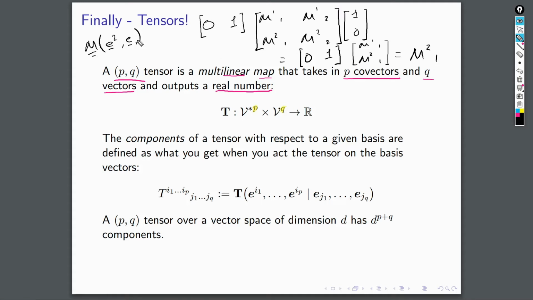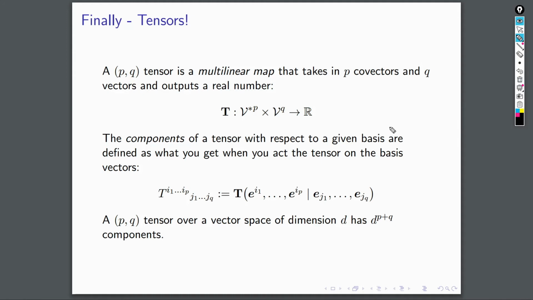So M of e2, e1 is M21. I'm just generalizing this up. So that's how you get the basis elements, and again, they depend on your choice of basis.